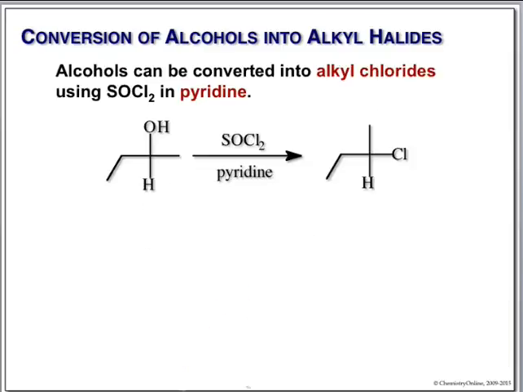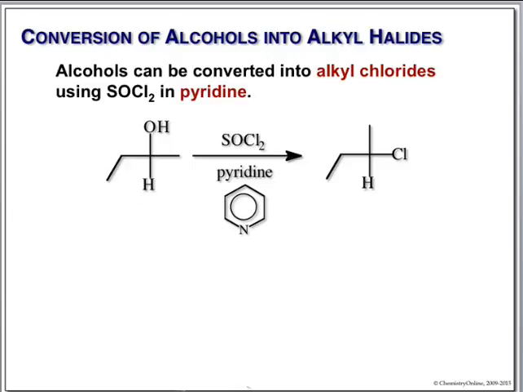We can also make an alkyl halide using thionyl chloride and pyridine. Pyridine once again looks like this, 5 carbons, a nitrogen in the ring. It's a very common organic base and solvent. A bit of a smell to it, but it's very common. This involves the same sort of mechanism.